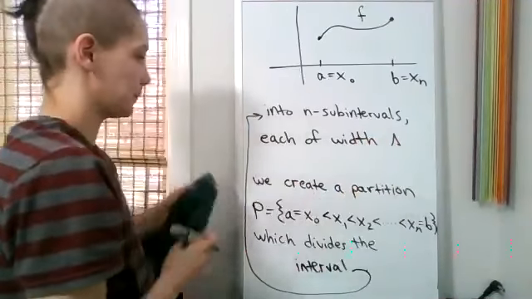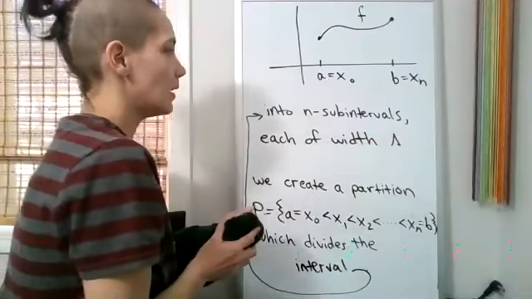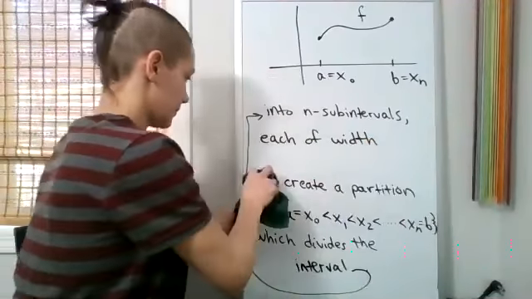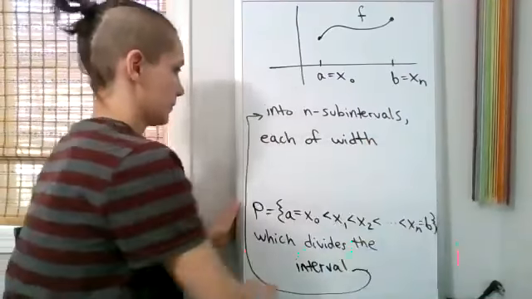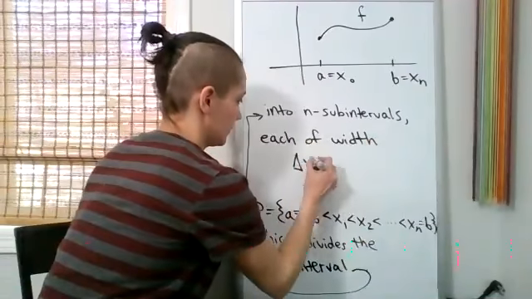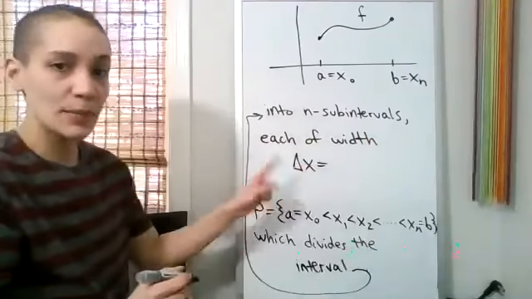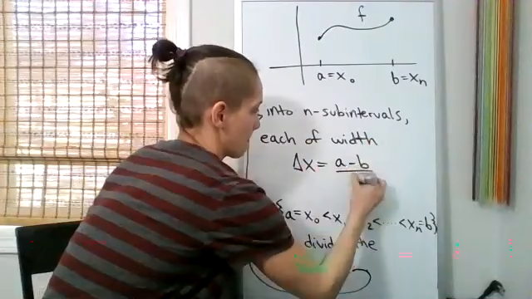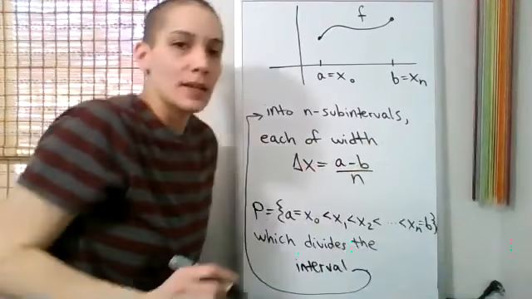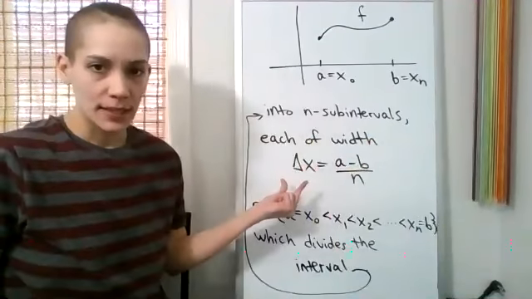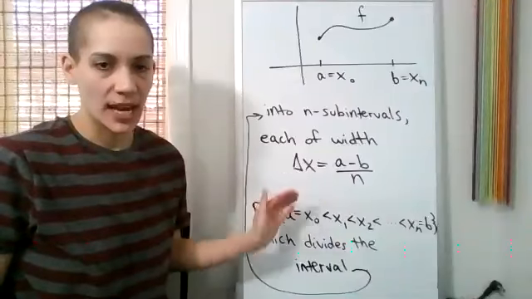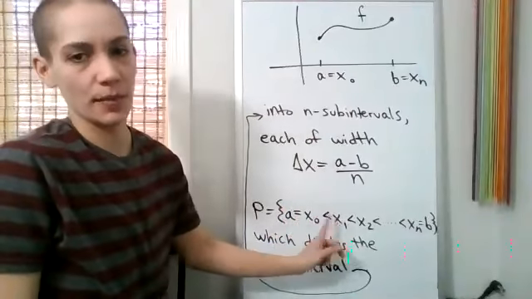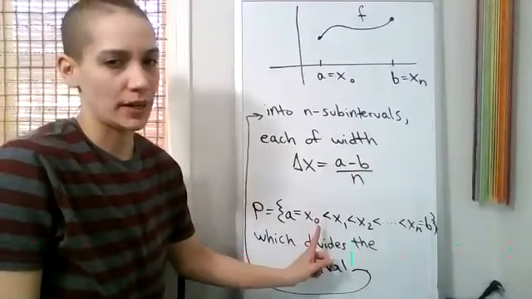And we're going to put what delta x is. Okay, it's (b minus a) over n. That's the width. And then we have a height of f of x sub i. Let's pause on that part.